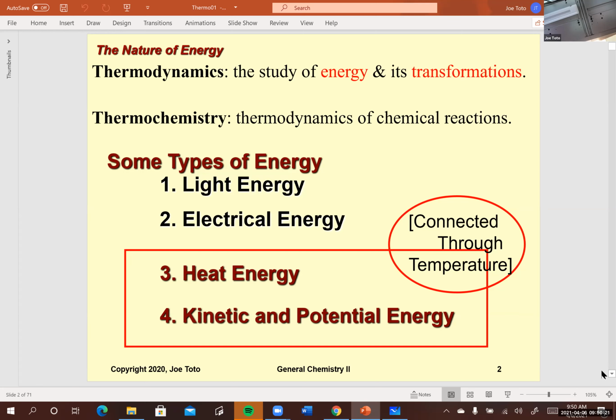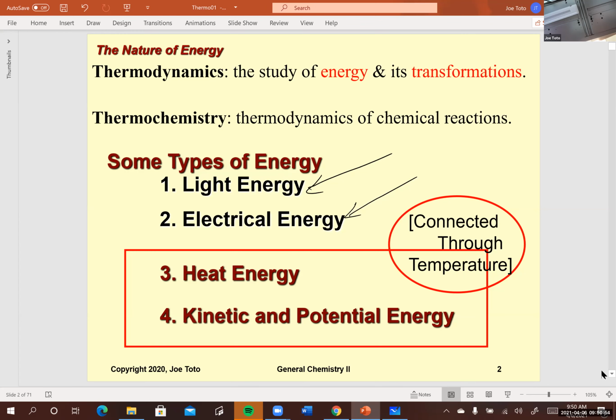You've looked at light energy in Chem 200, specifically, for example, you looked at electron transitions in the atom and saw how they absorbed energy in the form of light and gave off energy, and that kind of gave clues to the model of the atom. The electrical energy, we're going to do a whole chapter of that coming up right after this thermodynamics chapter.